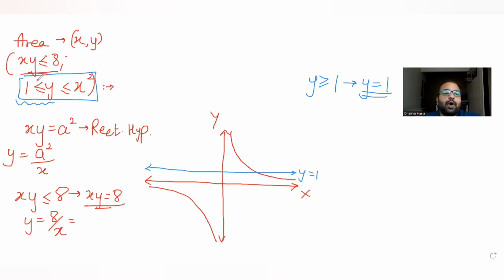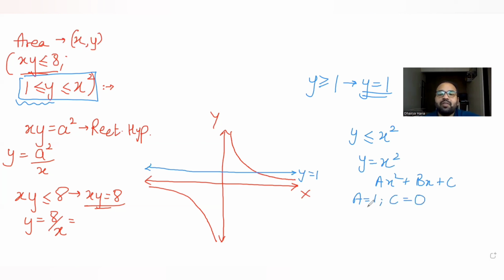Now the third part, if I also focus on that, it says y is less than or equal to x squared. So if I write the maximum value for that, it becomes y equals x squared. This is a quadratic equation of the form ax squared plus bx plus c, where a is 1 and there is no constant part c, so it is 0.